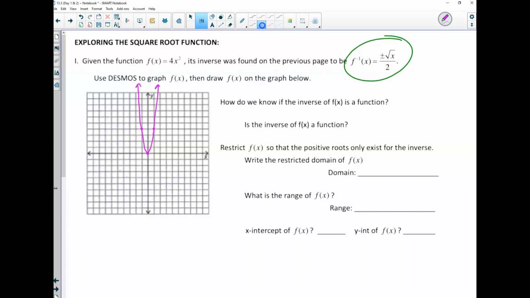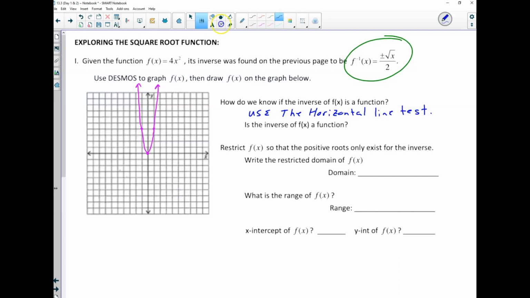Now, how do we know if the inverse of f of x is a function? Well, we know this by using the horizontal line test. Just like the vertical line test states whether or not a graph is a function, the horizontal line test tells us if that graph's inverse is a function.